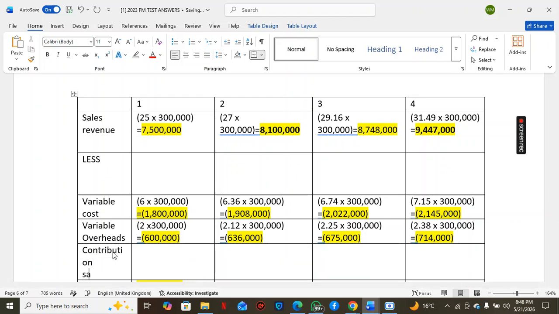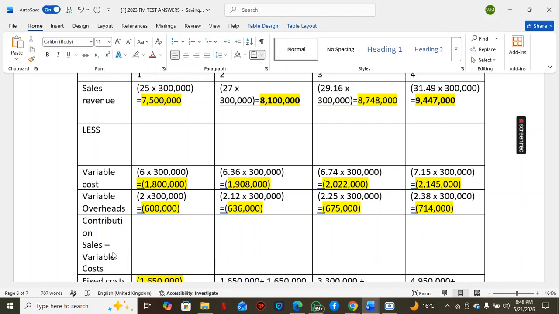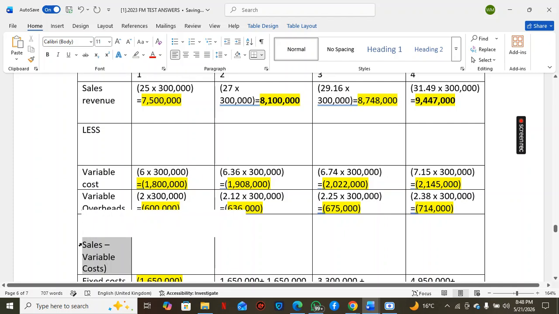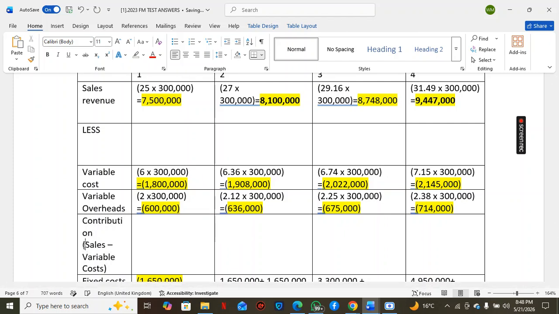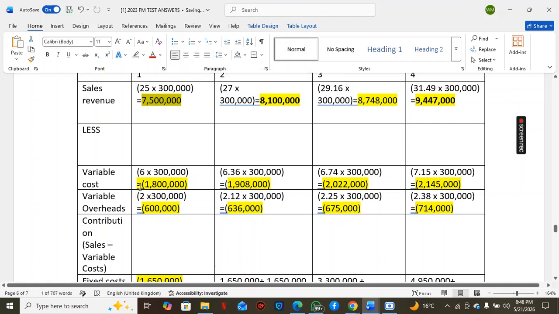So your contribution is sales minus variable costs. If you want, you can total up these variable costs and subtract from 7,500,000. Or let's get our calculators. You can just say 7,500,000 minus 1,800,000 minus 600,000.